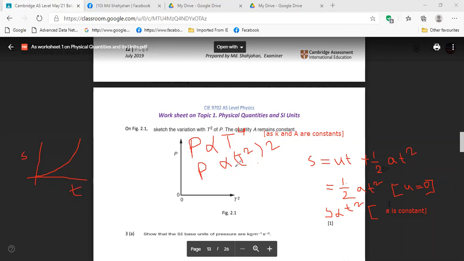Then t square, right? That means what is the variable? That one is square. The shape will be like this. Is it clear now? Yes, sir.